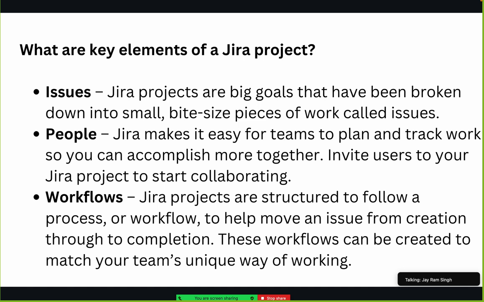So these are the three key elements: issues, which are small, bite-sized pieces of work; people or a team who are going to accomplish those tasks together; and third, workflows, how a task moves, like right now it's to do, then in progress, then QA, then done. So these are the key elements of a project.